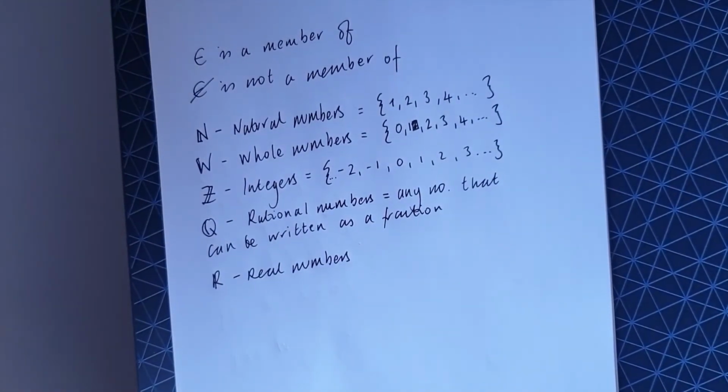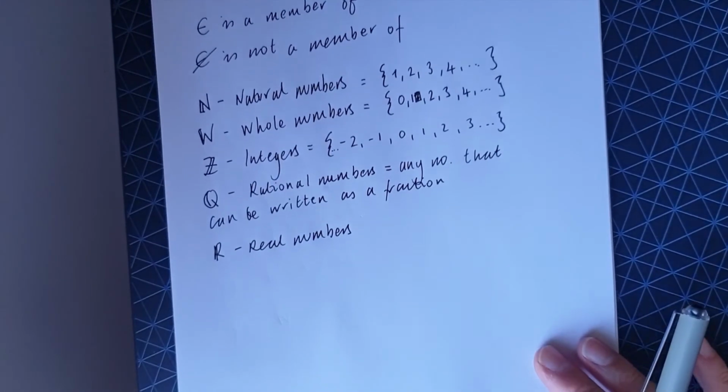So any number that exists, and that might sound a bit weird, a number existing or not existing, but for example, if you try and take the square root of -4 and put that in your calculator, it'll come up math error, and that's because that number doesn't exist. It's the same again if you had something over 0. So for example, if you put in your calculator 1 divided by 0, again it would say math error because that number doesn't exist. So the real numbers is just any number that exists.